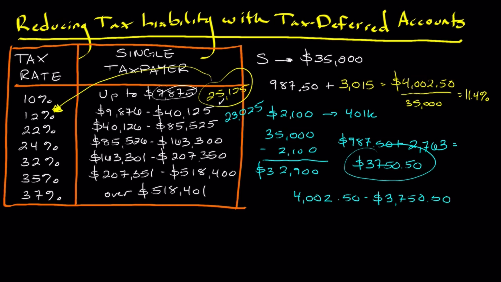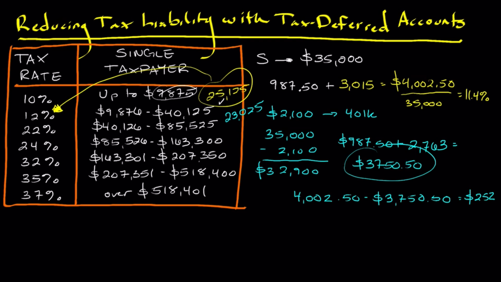Go ahead and pause the video and work through the calculations on your own if you would like. Otherwise, we can keep going. That difference is $252. So we've essentially saved ourselves $252 in taxes by making those contributions to our retirement.